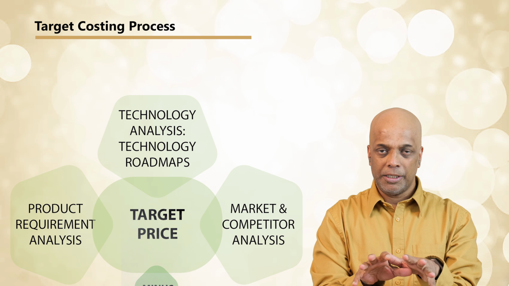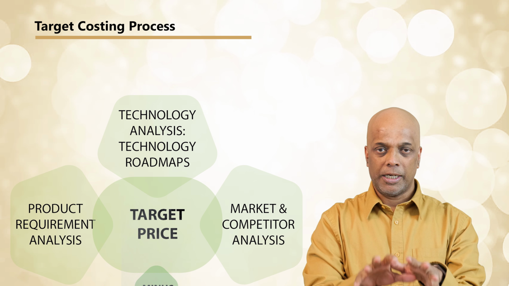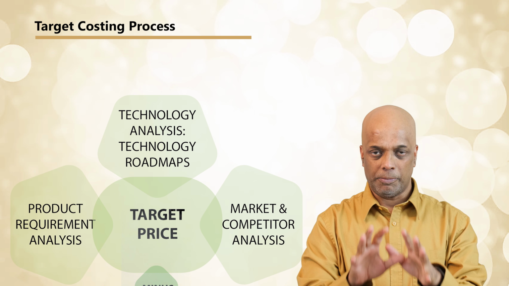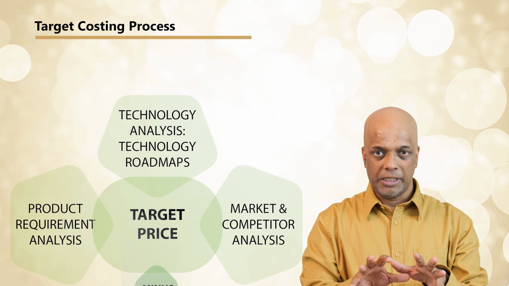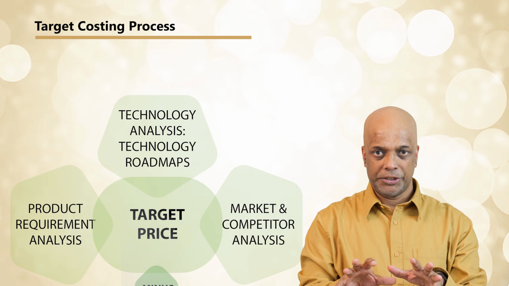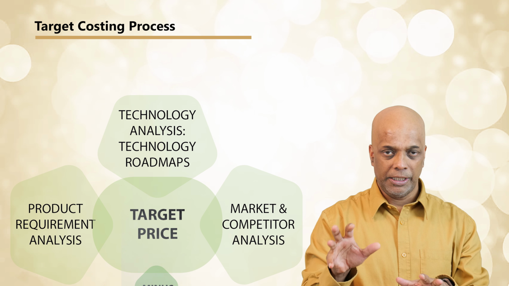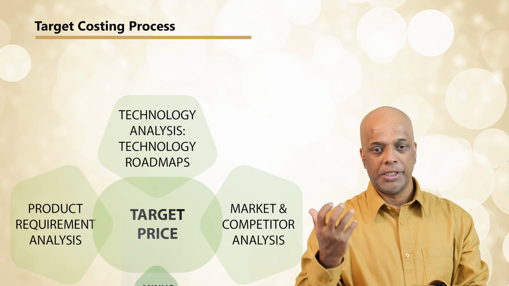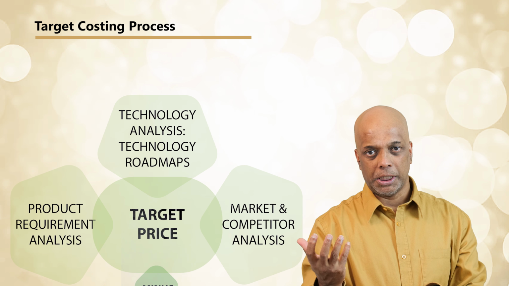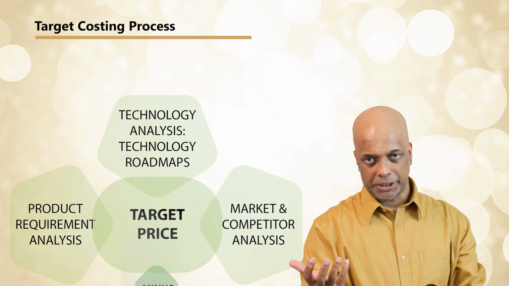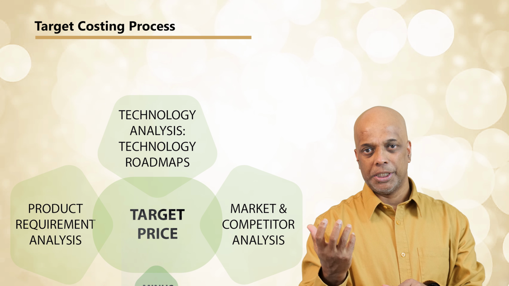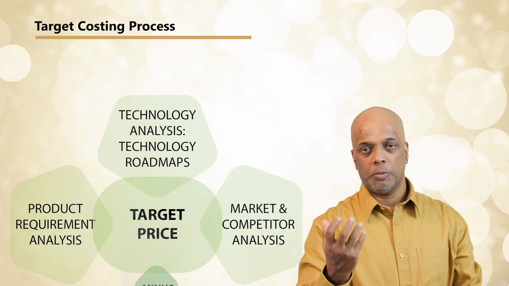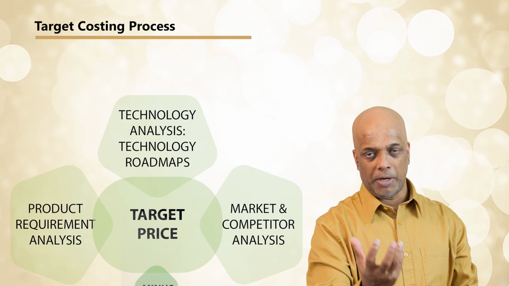we determine a target price for the market by carrying out three interrelated analyses. The first one is we analyze the competitive conditions, or in other words, the nature of the competitive products offered in the market.